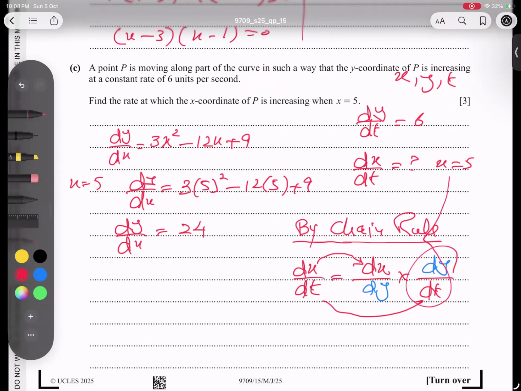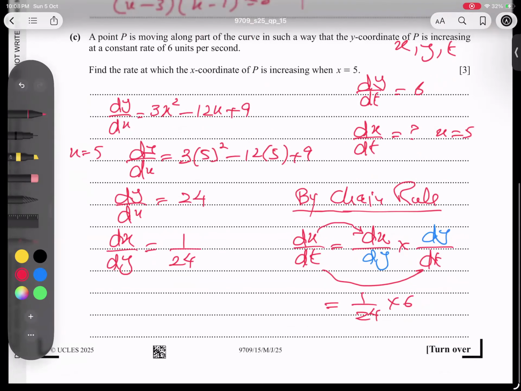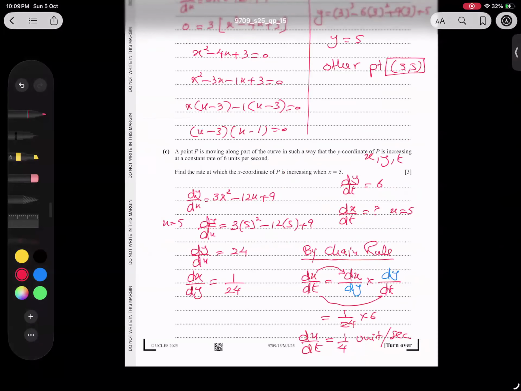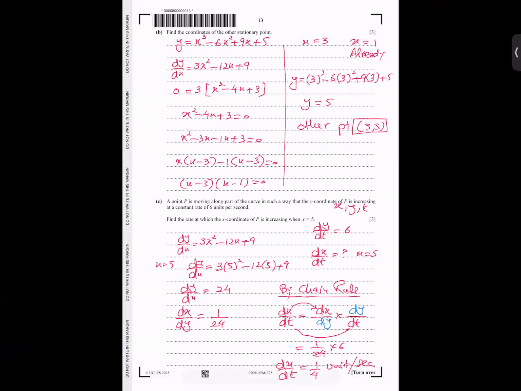This value I have, and this value I need to flip. Why flip? Because dy by dx is this, but I need dx over dy, which will give 1 over 24. So when I get 1 over 24, times 6, I finally get the answer 1 over 4 units per second for dx over dt. I believe the point is very clear and the question is completely over.